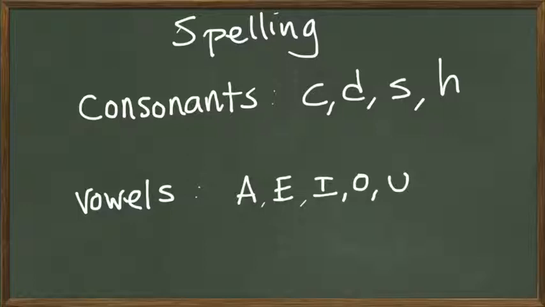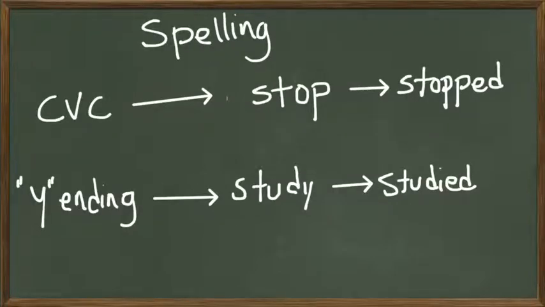Well, first off, it's important to remember that letters such as C, D, S, or H are consonants, and the vowels are A, E, I, O, U. This is important because all the verbs that have the ending C, V, C, or consonant, vowel, consonant, when they are in their past form, we have to double the last consonant.